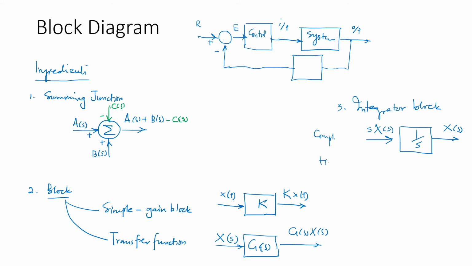In time domain, you can define it in a simpler fashion like that, that you have x dot of t, and then you have the integrator block, which is going to be an integral dt kind of arrangement. So this is going to give you x of t as the output. So we are going to make use of integrator blocks. We're going to make use of general blocks, which are going to have the gain block as well as the transfer function block.